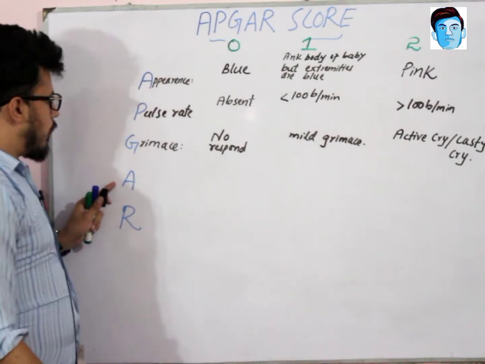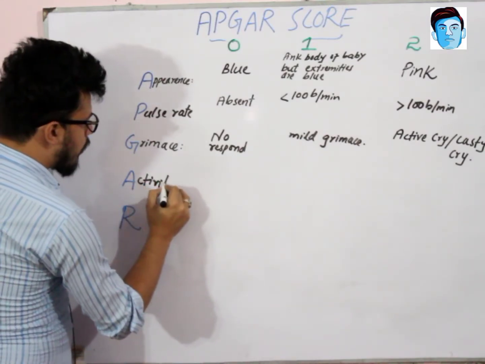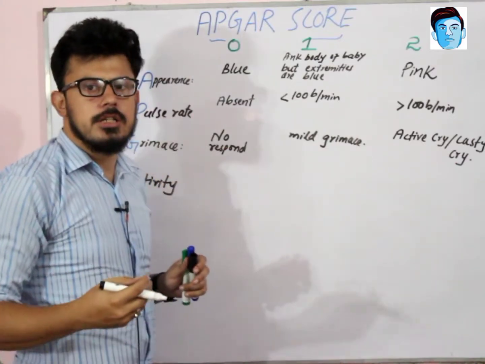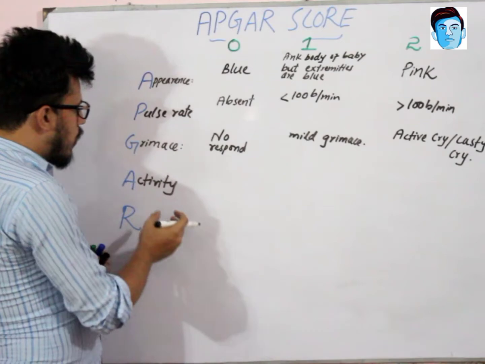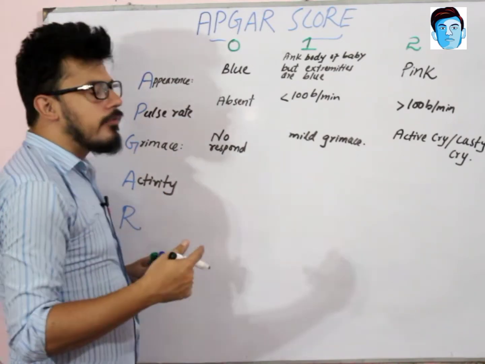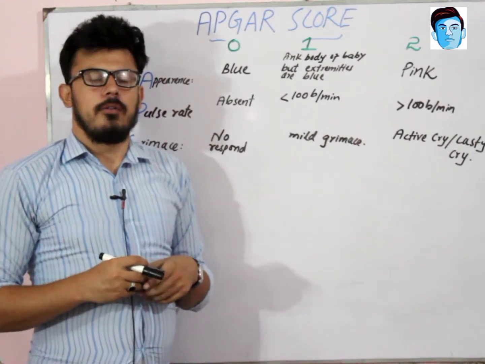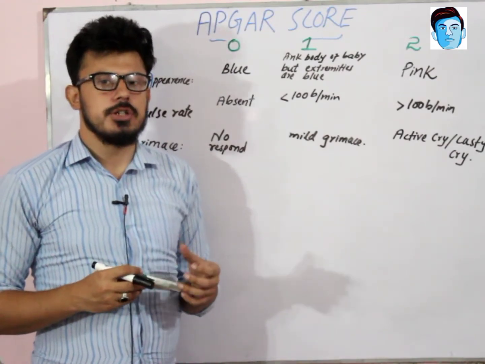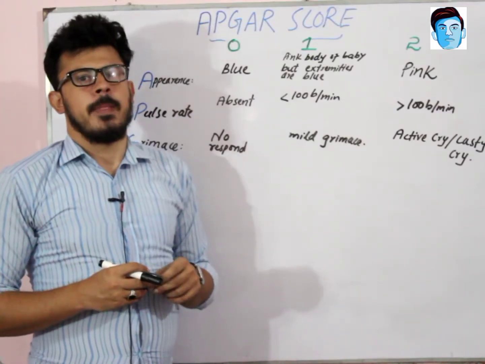Now, A stands for activity. Activity means the body movement of the child, associated with the muscle tone of a child. So in activity, if the baby after birth shows adequate movement of the body, that is the best condition.